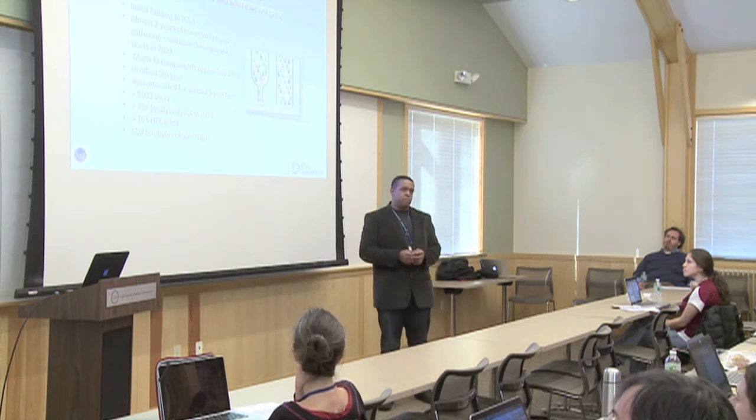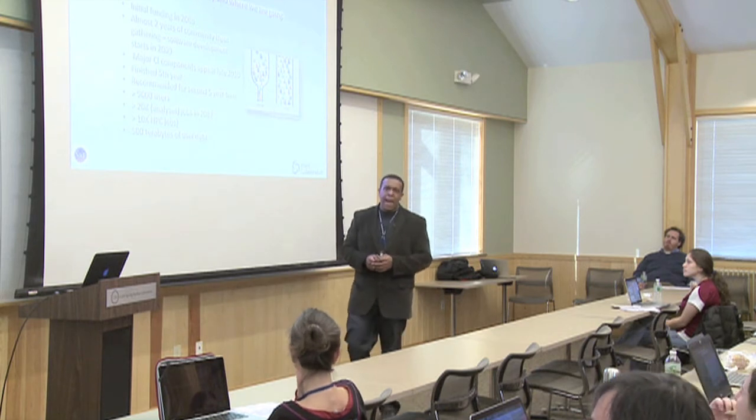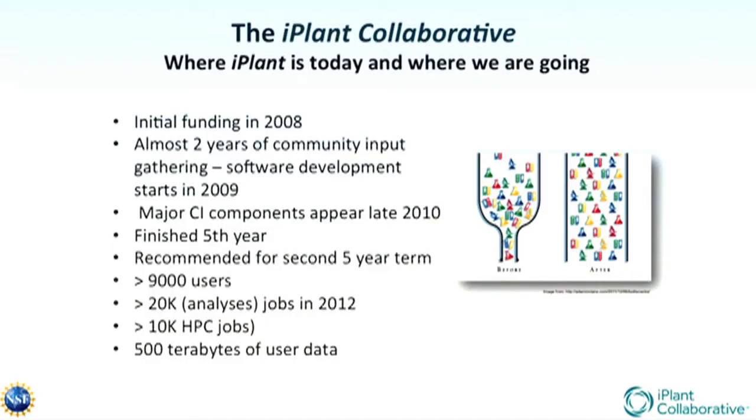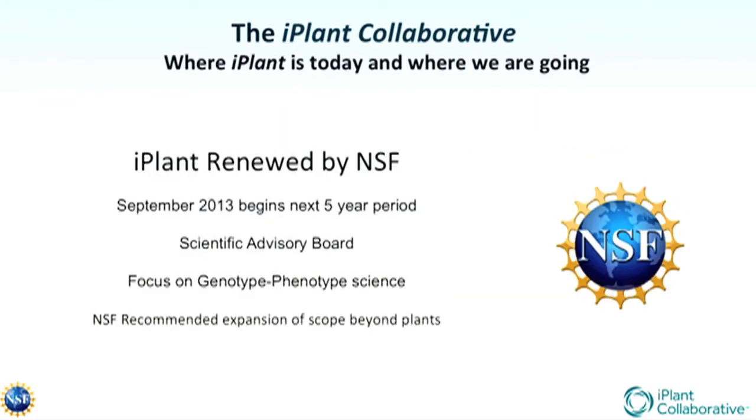But we've been able to allow lots of people access to a cyber infrastructure, to computing systems, to data, and let them use it the way that they need for their science. And really, our overall goal is to open up some of the bottlenecks that you have to doing your research. So we've been able to do that to a large extent, and you'll see that and hear more about that a little bit later on.